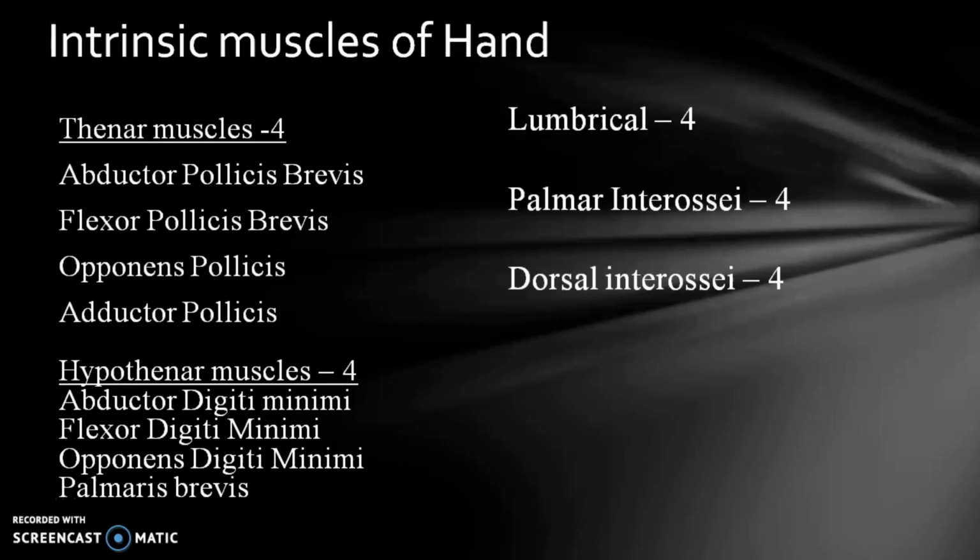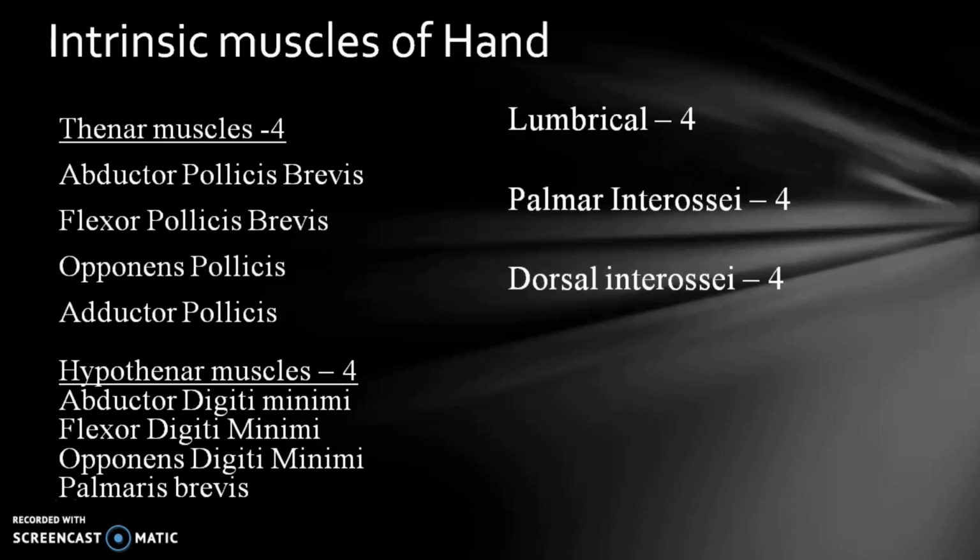Thenar muscles are again 4 in number, such as abductor pollicis brevis, flexor pollicis brevis and opponens pollicis along with adductor pollicis. Among these 4 muscles, only 3 contribute to the thenar eminence. Those are abductor pollicis brevis, flexor pollicis brevis, and opponens pollicis.